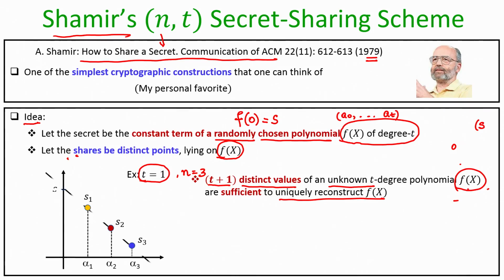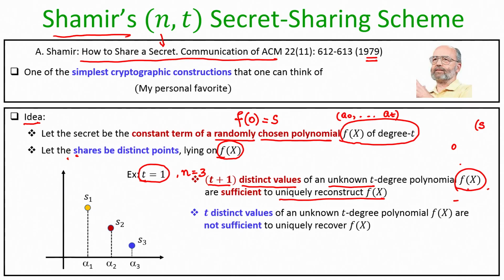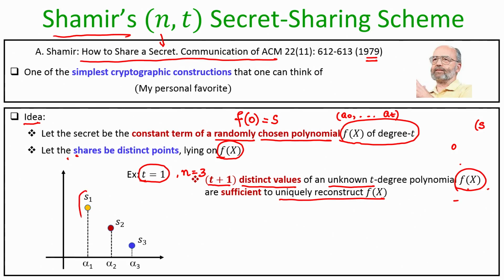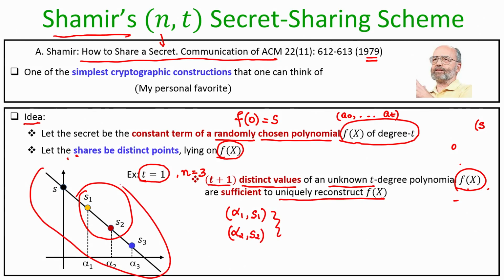Right. So, for instance, if I give you the first two shares, then the first two shares are nothing but alpha 1 comma s1 and alpha 2 comma s2. Now, using these 2 points, you will be able to get back this straight line uniquely, and once you get back this straight line, you can get back the secret s.